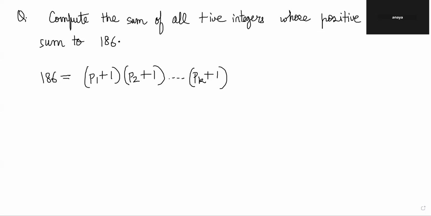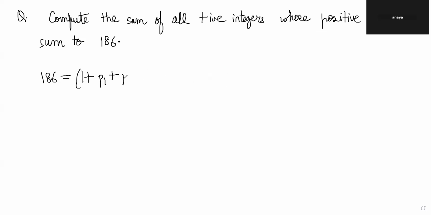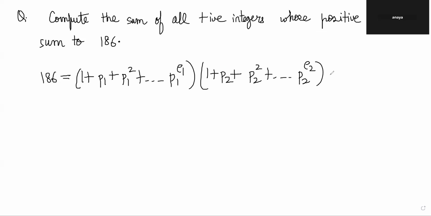Actually, the sum of the positive divisors of any number will be something like this: 1 plus p1 plus p1 square up to p1 power e1, and so on.